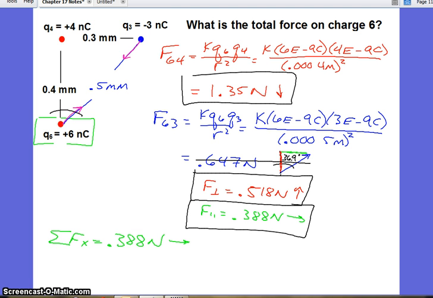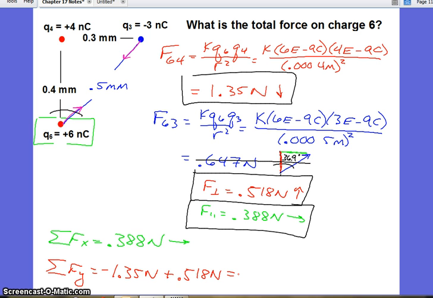But there are two forces in the y direction. So if I find my total force in the y, I have 1.35 newtons, which is down, so that's negative. And I have 0.518 newtons up, so that's positive.